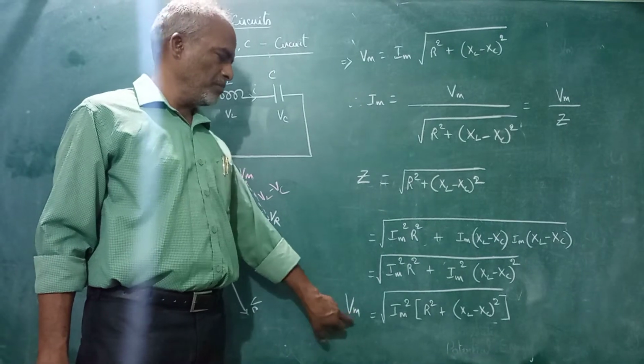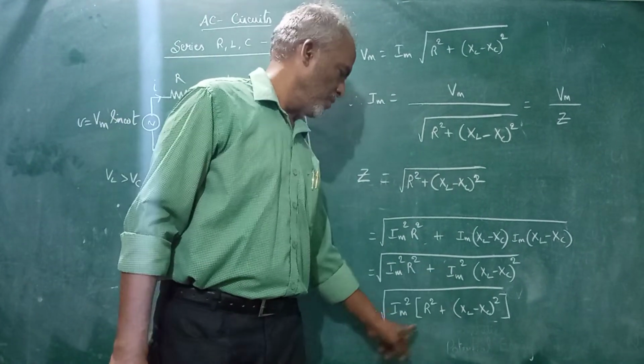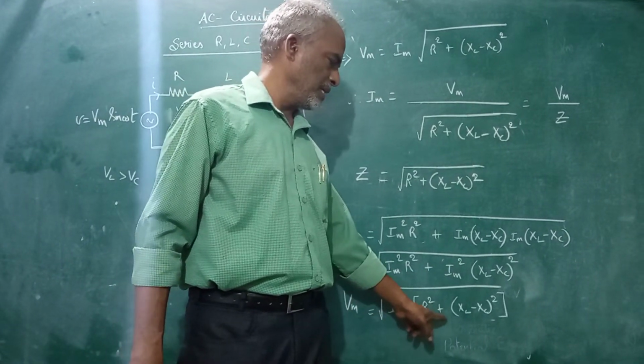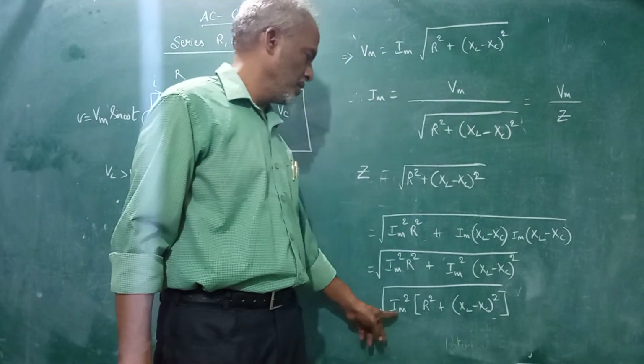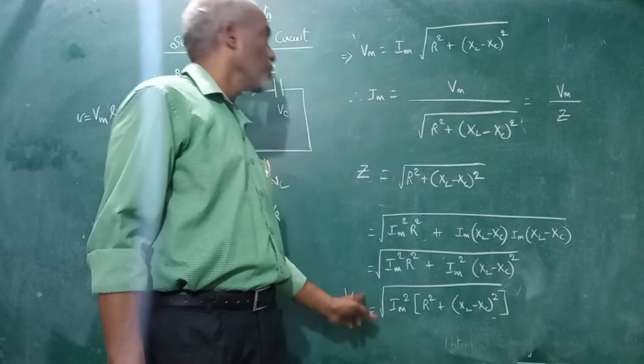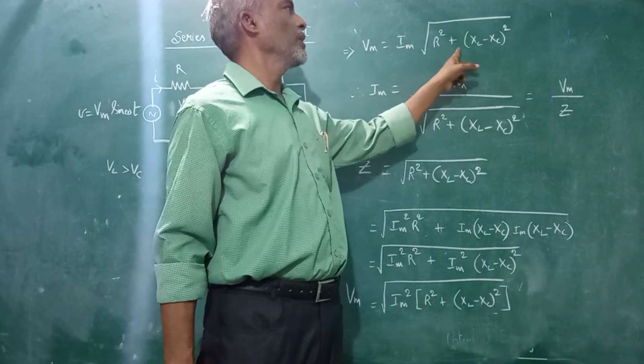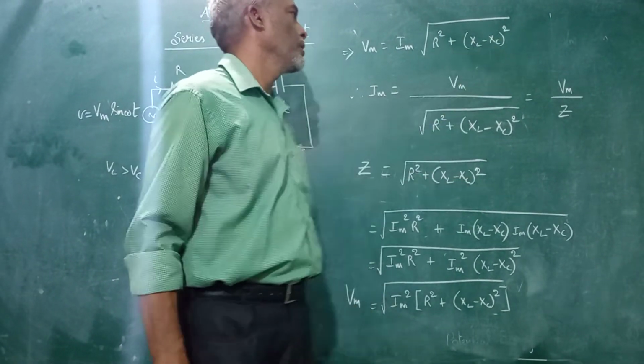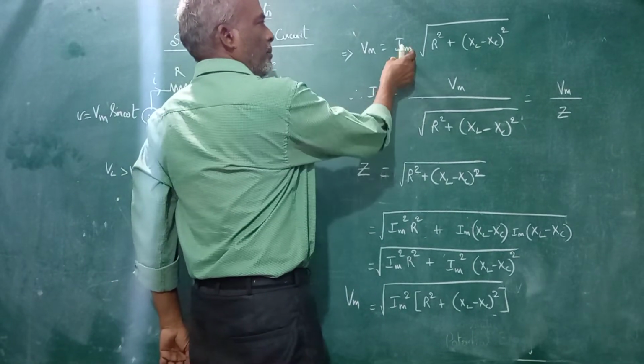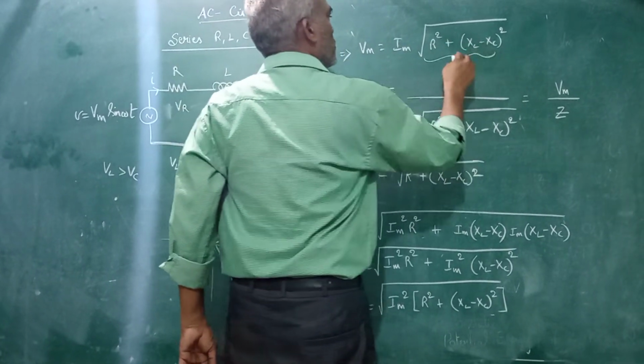Now Vm is equal to the square root of Im square into R square plus XL minus Xc the whole square. So Im square is taken out of the root. Vm is equal to Im times the square root of R square plus XL minus Xc the whole square. Now bring this whole term to the other side.